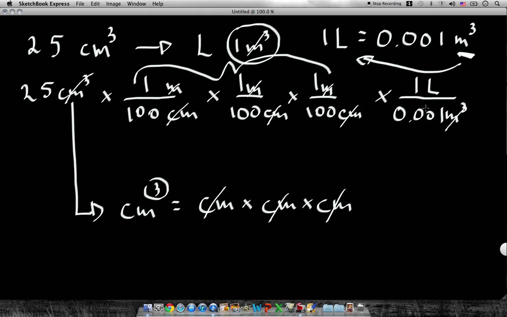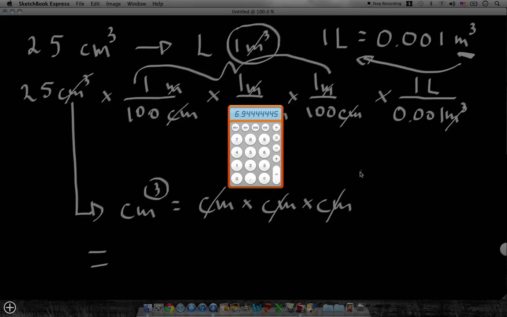Okay, so now once you've done this, you can now do the full calculation and see what the result is. So here, instead of continuing, I'm going to just write the result here at the bottom. So I have basically 25 divided by 100, 100, 100, and 0.001. I can do that in my head, or I'll show you.